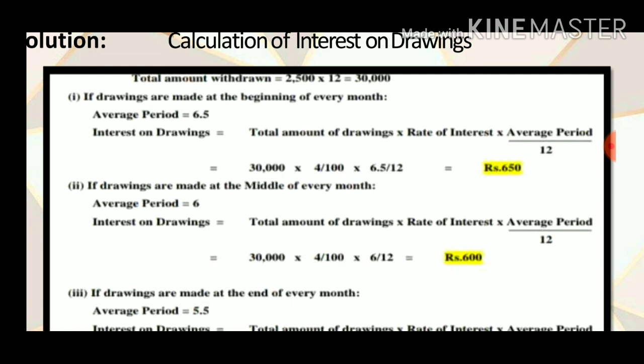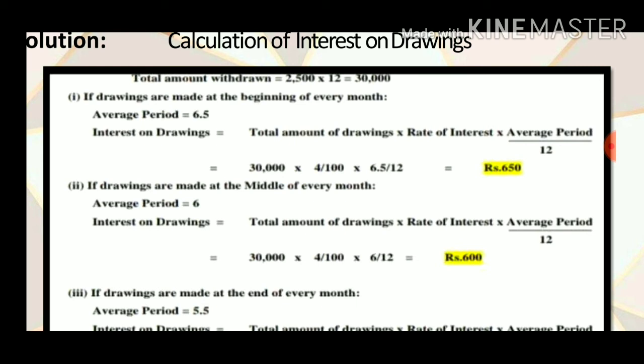Next, what percentage is given for interest on drawing? 4%. Okay, so first write the formula: interest on drawing equals total amount of drawings multiplied by rate of interest into average period divided by 12.